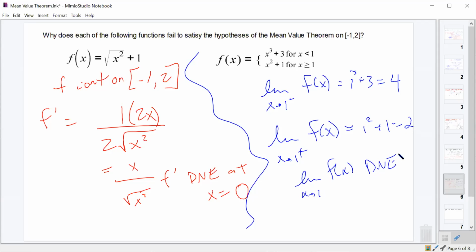And based on that, this function is not continuous on -1 to 2. Right? Because the definition of continuity says that the limit has to exist as one of the 3 criteria for a function to be continuous at a point.